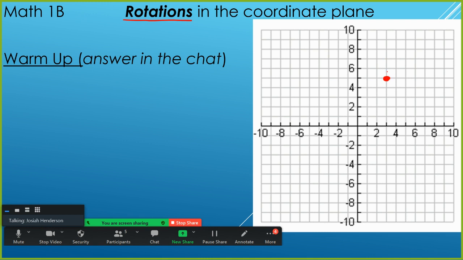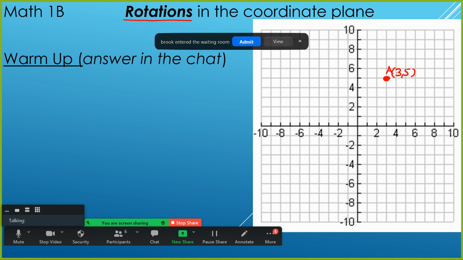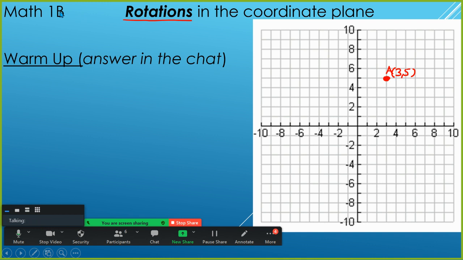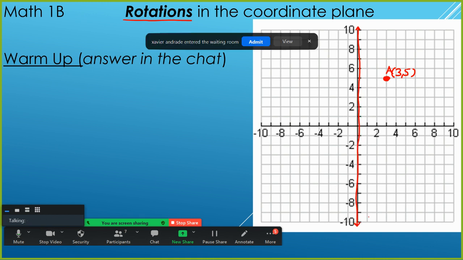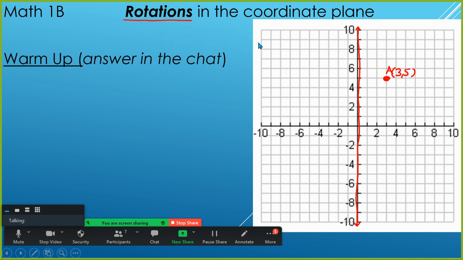I've got point A, and where is point A living? It's at 3, 5. Let's reflect this over the y-axis. If I reflect A over the y-axis, it's going to be over here somewhere, right?